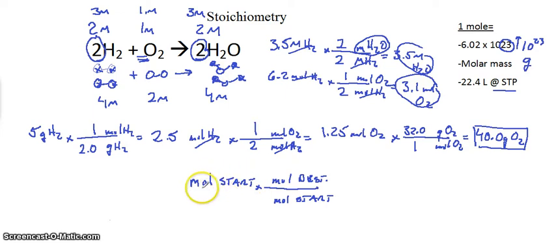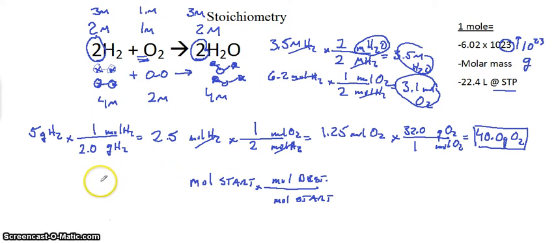Now, if I give you moles at the beginning and ask for moles, that's all you need to do. The thing you have to deal with is oftentimes you're not given moles. In a lab situation, most often you'll be dealing with maybe a volume of a gas or grams of a material. If that's the case, what you need to do is turn it into moles first. So let me do that in a different color.